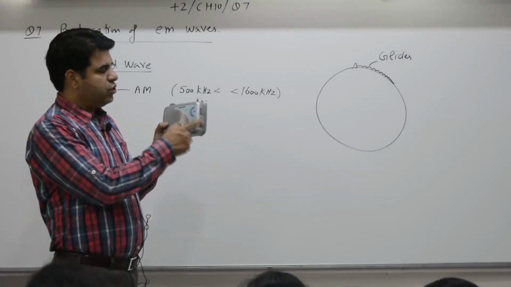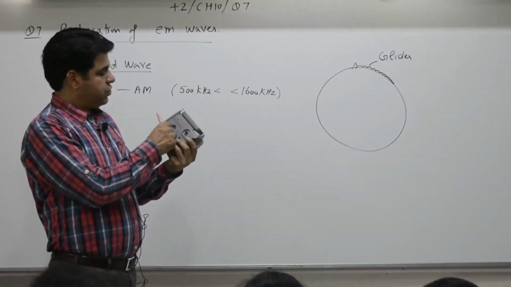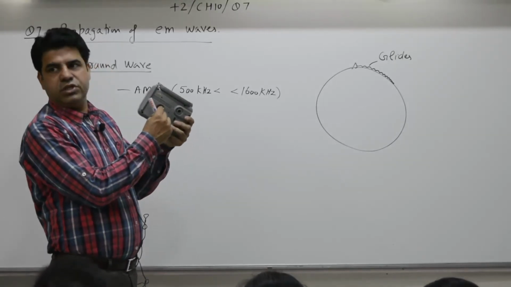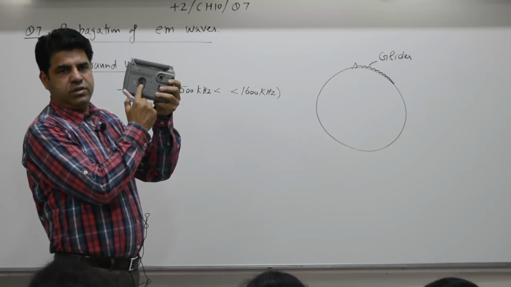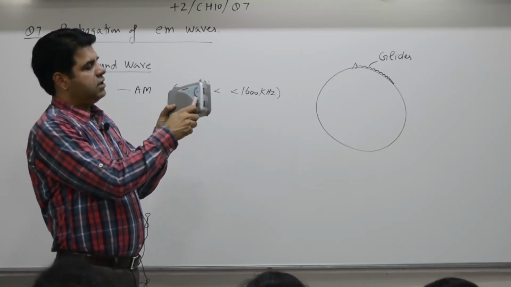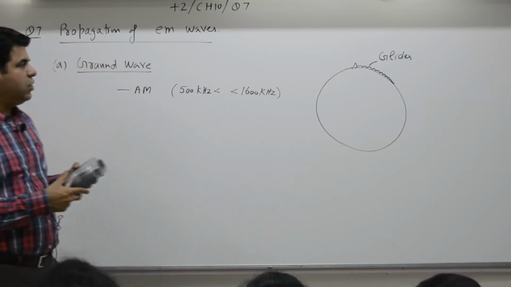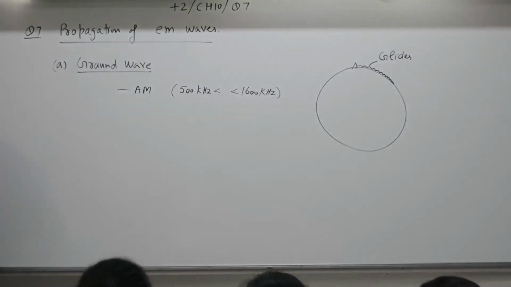In case you want to tune to AM, you will have to change the switch. In case you want to listen to FM, then there is another position. So for kilohertz AM, this is applicable, that is, say, from Jaipur or Jalandhar, a place 400 or 500 kilometers away.